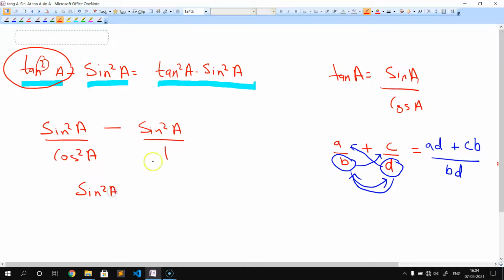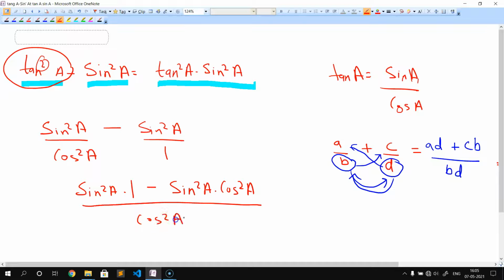Sine square A into 1 minus sine square A dot cos square A upon cos square A dot 1.